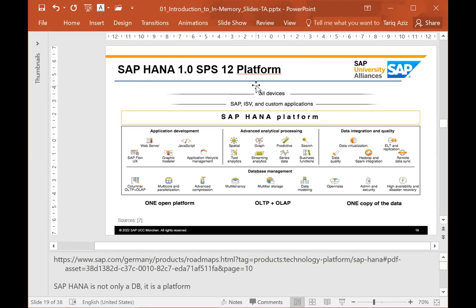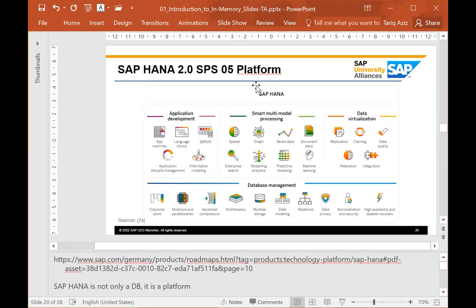In HANA 2.0, we are now working on SPS 5. So SPS 1, 2, 3 and 4 are gone, and hopefully when it reaches 12, they will have something like SAP HANA 3.0. Now we have the same thing, database management services.